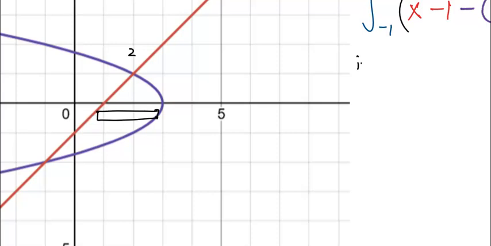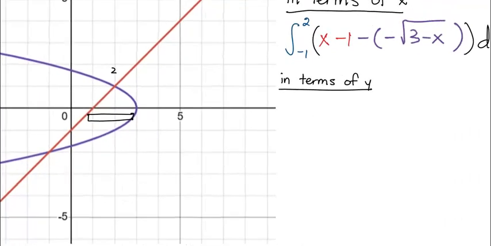So that would mean that if I want to use a horizontal representative rectangle, I would be doing everything in this problem in terms of y. That means that when I write my limits, I need to make sure that my limits are y values, and that when I write my integral, I need to only have the variable y on the inside of the integral, and I would be integrating with respect to y.